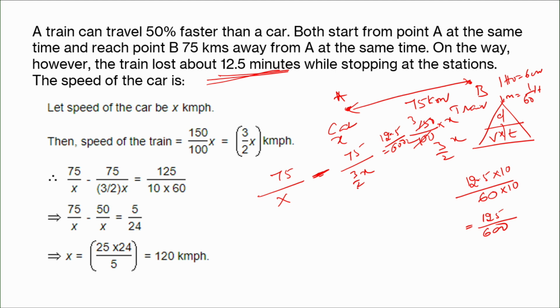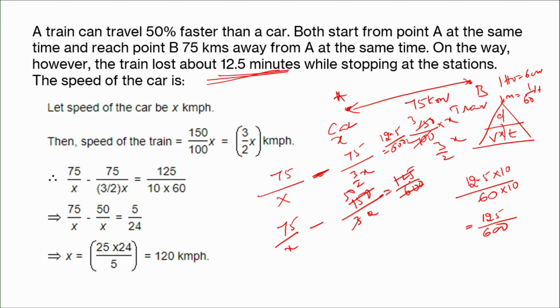Now the 2 is dividing, so it will go up, means 75 by x minus 150 by 3x is equal to 125 by 600. Now we are going to simplify it. The 3 ones are 3, 50s.